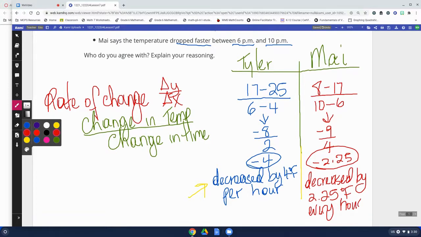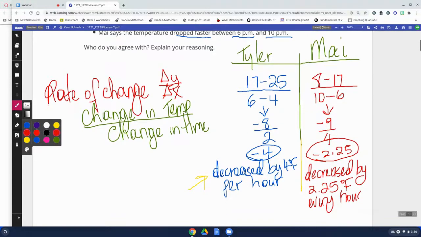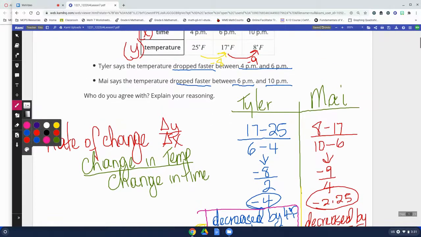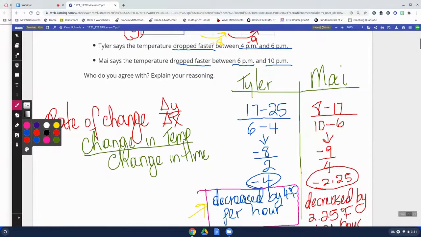Going back to your question, when did it drop faster? 4 degrees per hour or 2 1/4? Even though Mai's dropped more, if you're thinking about per hour, the decrease per hour was greater between 4 and 6, as Tyler said.